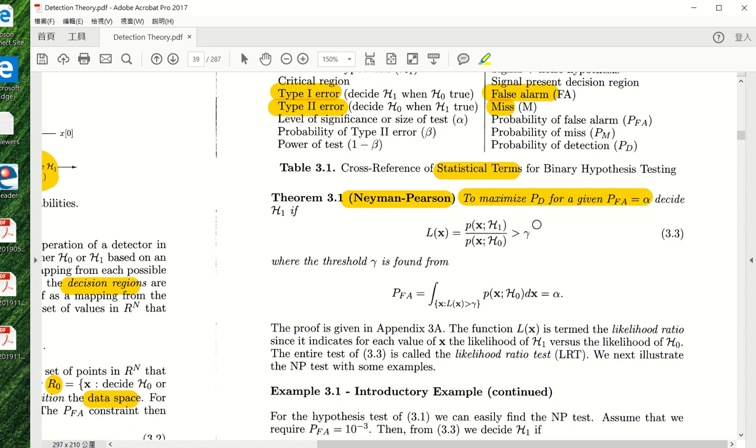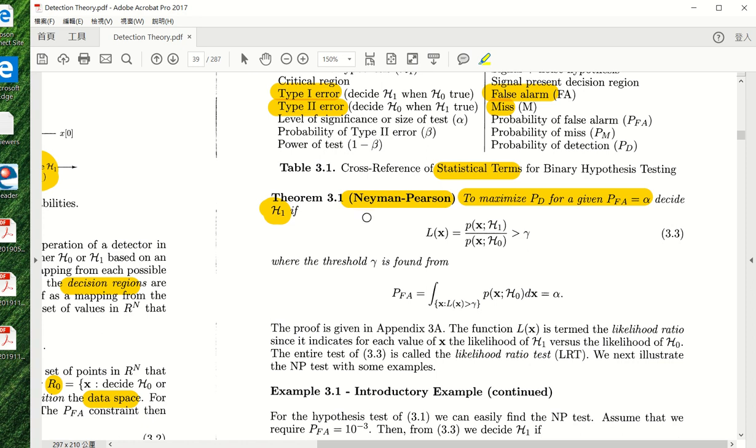In fact, this requires a rigorous proof, but we are not going to do it. We will just say the likelihood ratio is defined this way. And when we set a threshold on the likelihood ratio, we come up with a decision region. That decision region will help us to make the H1 decision. And of course, the other part will be the H0 decision, right?